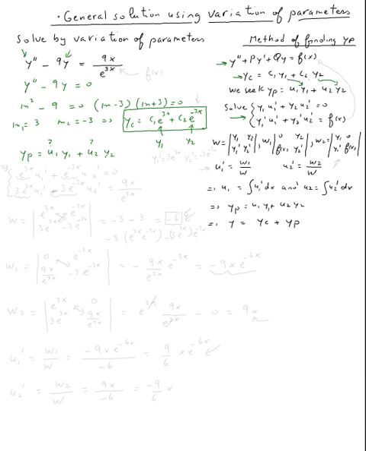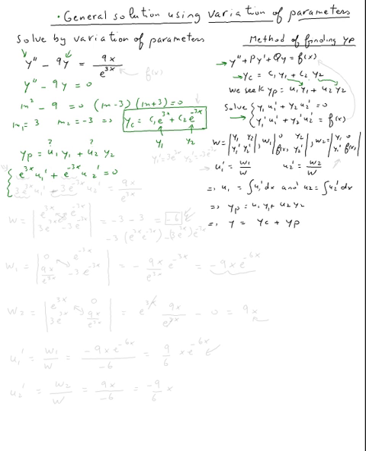We're right here. So y1 times u1 prime, y1 is e to the 3x, so e to the 3x u1 prime, plus y2, e to the negative 3x, u2 prime equals 0.